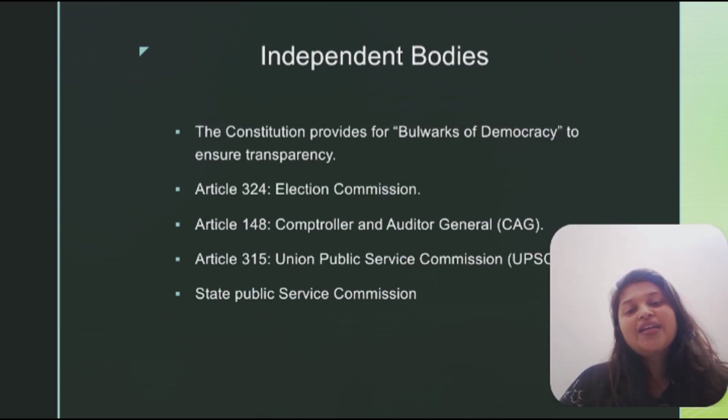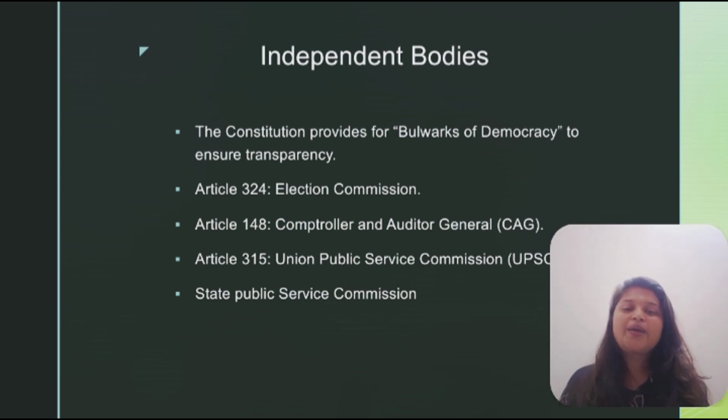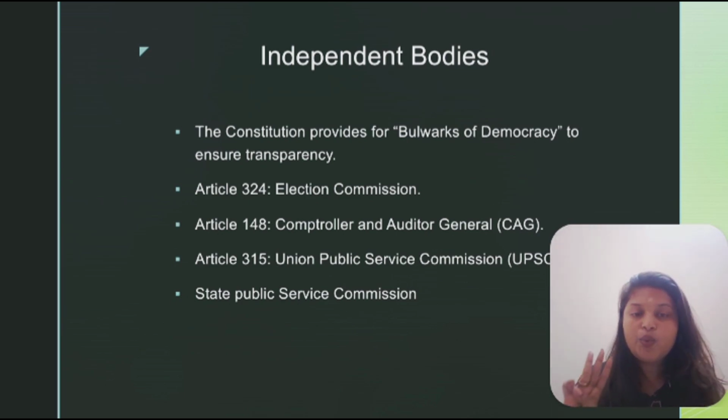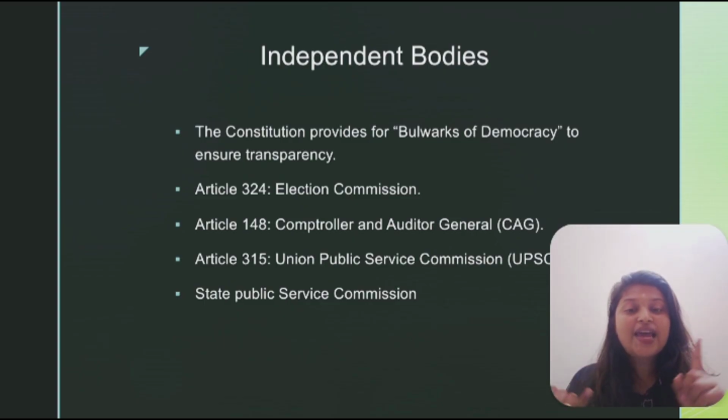On going with the next salient feature, it is independent bodies. The constitution does not only provide 3 branches of the government. What are the 3 branches of the government? They are legislative, judiciary and executive, right? The constitution provides these, and apart from this it provides several other independent bodies, such as the Election Commission of India, the Comptroller and Auditor General, the Union Public Service Commission and the State Public Service Commission.